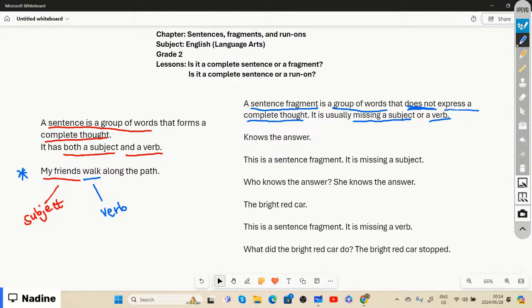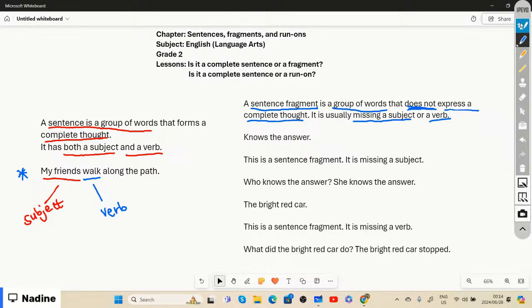That is correct. If we say my friends are playing soccer, then friends is the subject, and playing is the verb. So the sentence you made, my friends are playing soccer, is a sentence because it expresses a complete thought.